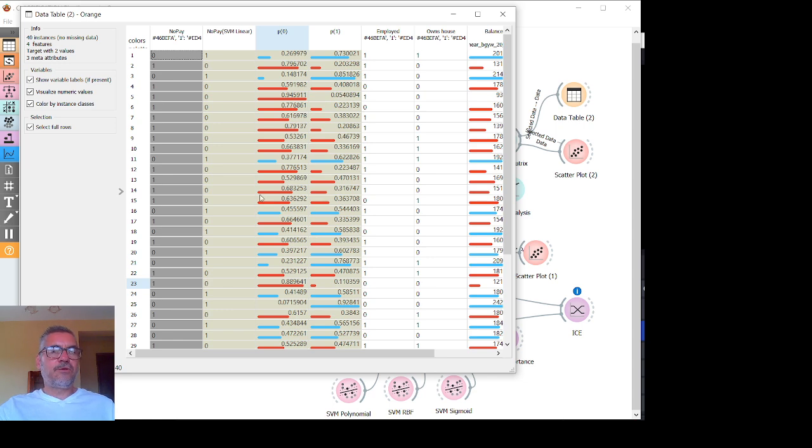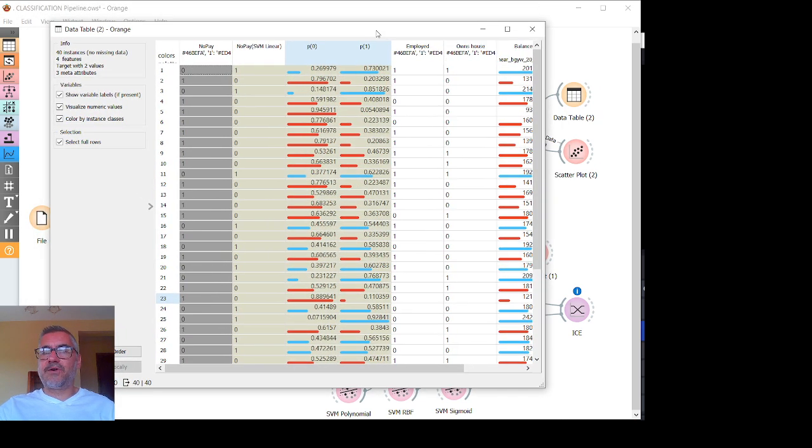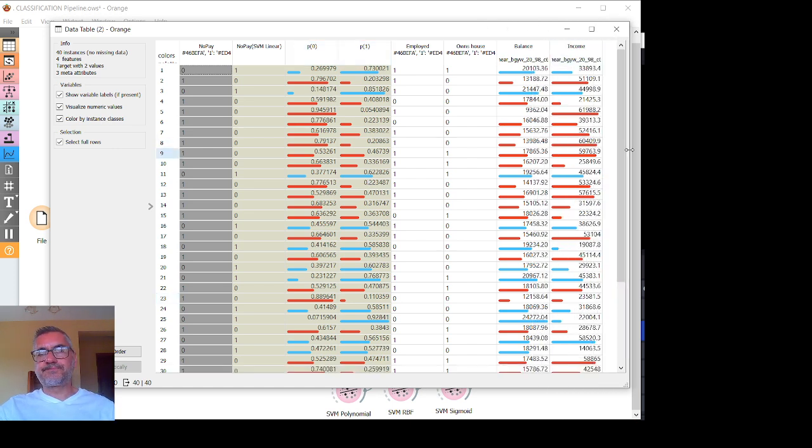Now, if I know my data, and I'm curious to see why I misclassified these exact observations, I may be able to find important information from these misclassified observations. This is the no pay, the actual target, the true value, and this is the value according to the SVM linear.